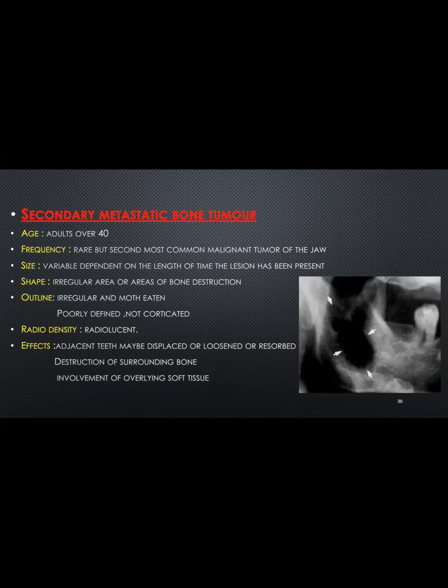Now, the shape is irregular. In this one, it looks like Mickey Mouse. The outline is also poorly defined because anything that's malignant grows fast. It doesn't have a chance to have a well-defined margin. It's radiolucent, and obviously it causes destruction of the surrounding bone. It could also affect the adjacent teeth by displacing them, making them loose, or even resorbing them.